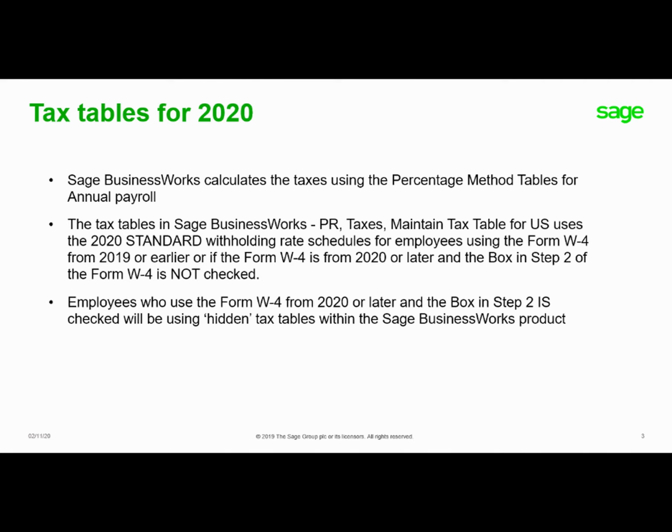Employees who use the Form W-4 from 2020 or later and the box in Step 2 is checked will be using a hidden tax table within the Sage BusinessWorks product to calculate the federal income tax withholding.